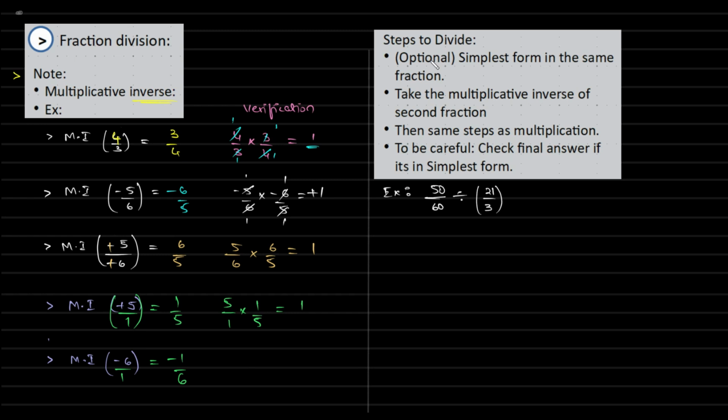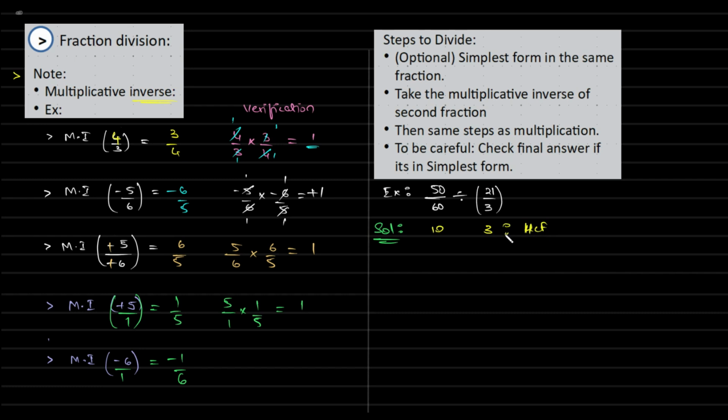Step 2, divide. Optional step, simplest form in the same fraction. So whenever you look at any fraction, check if it's in the simplest form. If not, convert into simplest form. So let's take an example and try to go one step at a time. So here, is it in simplest form? No. 10 is your HCF. Here 3 is your HCF.